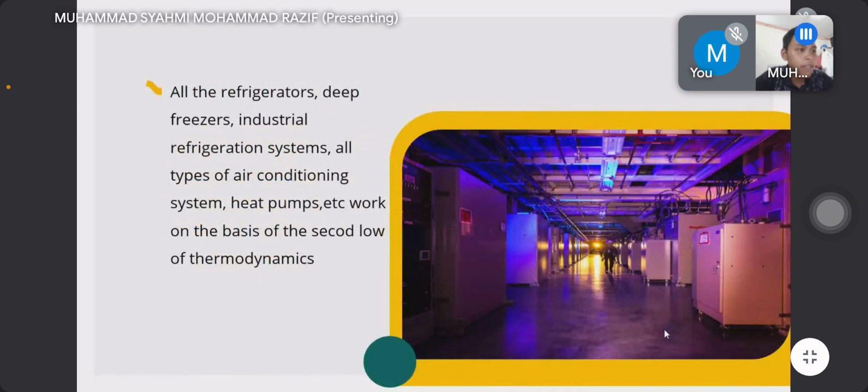All the refrigerators, deep freezers, industrial refrigeration systems, all types of air conditioning systems, heat pumps, and others work on the basis of the second law of thermodynamics.